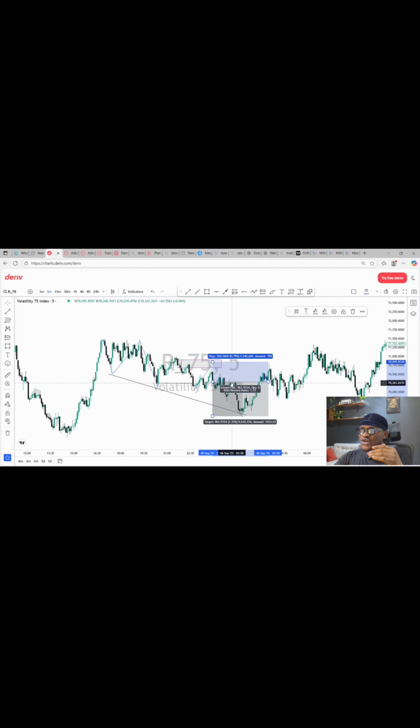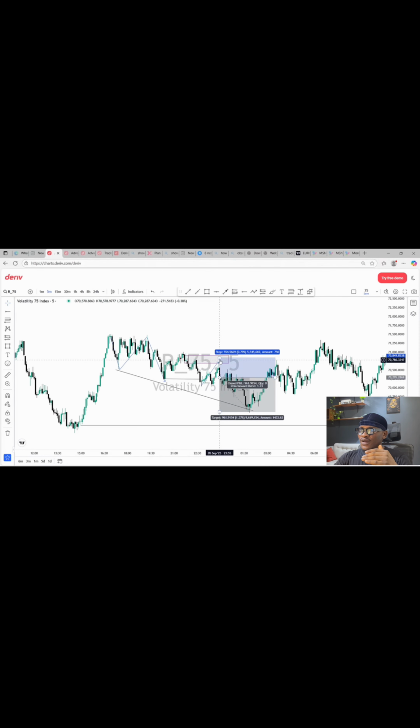So your stop loss, your exit has to be before the previous low, right? You can see this was the low here. So you exit the market before the previous low point in the market, and your stop loss has to be above that supply region. All right, above that supply region.